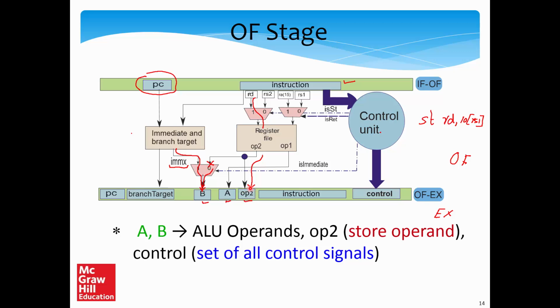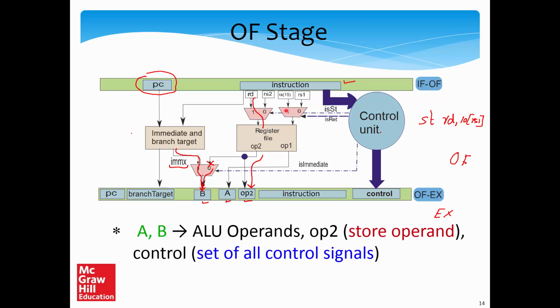So the contents that need to be stored are stored in OP2, and the rest contain the immediate and the base register respectively. For other instructions, this problem is not there. So basically, A contains the first source and B contains the second source. The second source can either be the contents of a register or can be the immediate.